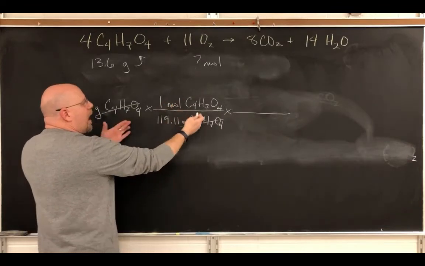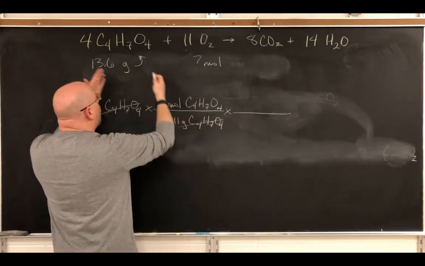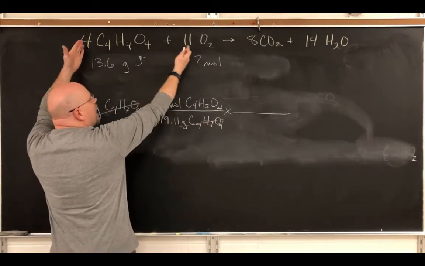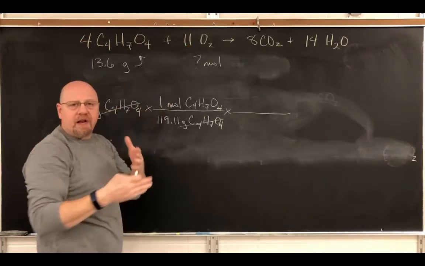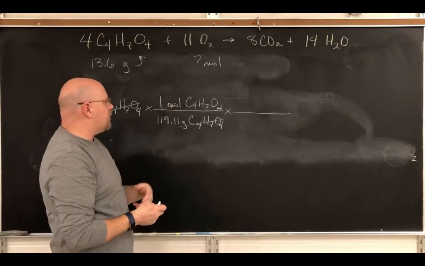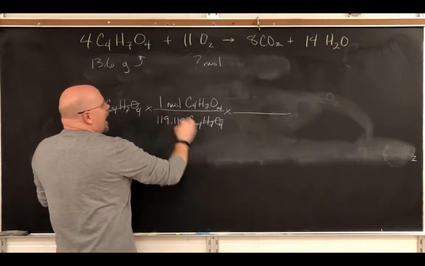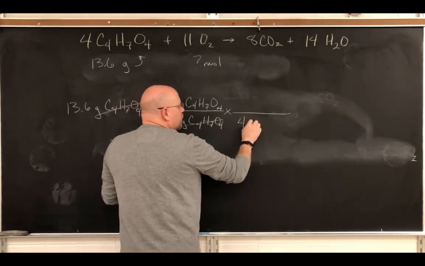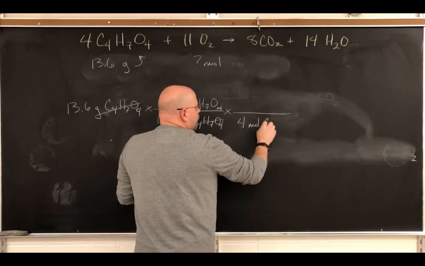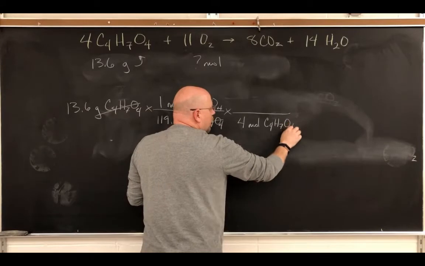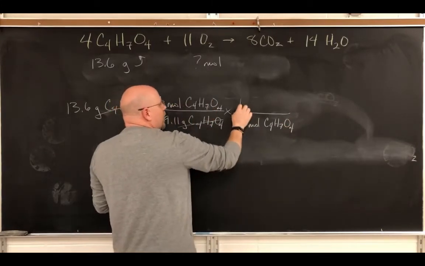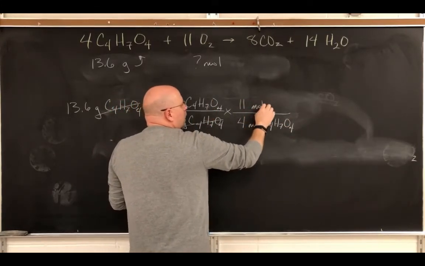So now we can go from moles of this compound because we have our coefficients, which are telling us the mole ratio between these 2 substances. So I can put 4 moles of the compound C4H7O4, and that's equivalent to 11 moles of O2.